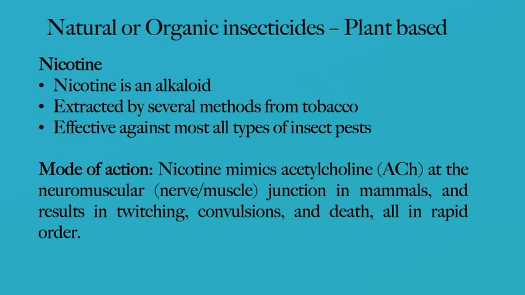Drugs that act similar to nicotine are said to have a nicotinic response. Nicotine mimics acetylcholine at the neuromuscular junction in mammals and results in twitching, convulsions, and death, all in rapid order. In insects, the same action is observed, but only in the central nervous system ganglia.